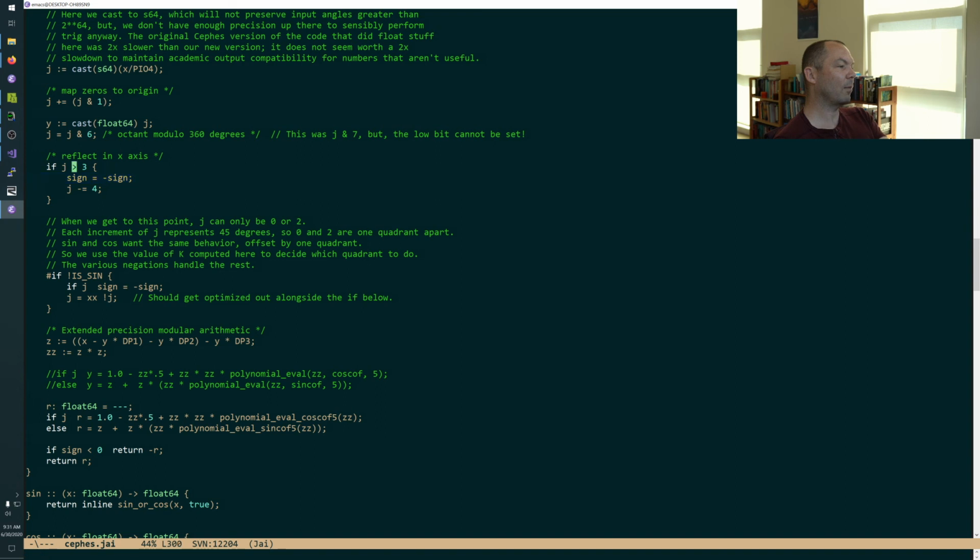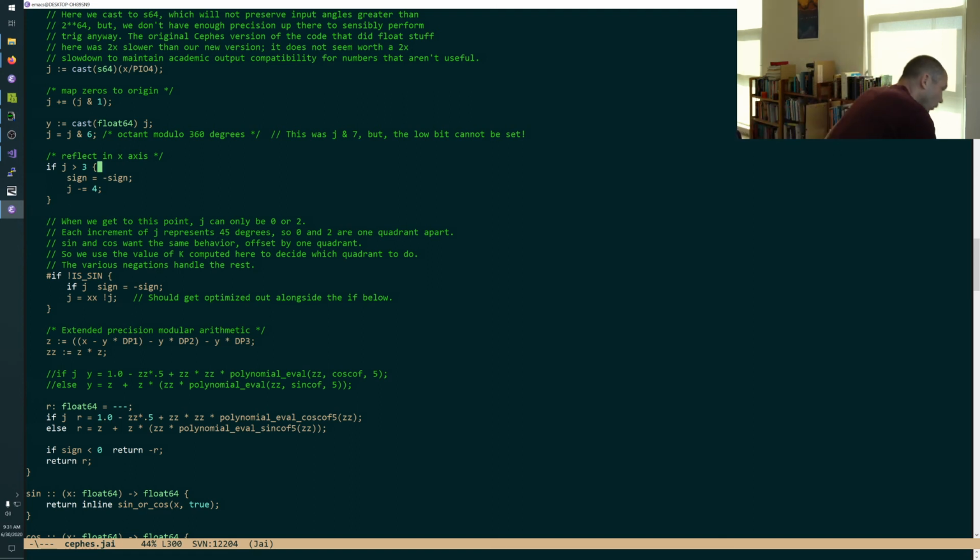Because maybe we can get rid of this if, right? Because if we just say the top bit goes into sine or gets x, you know what I mean? I think we can do this branch free. I think that's a thing. But we want to make sine a different thing than it is.